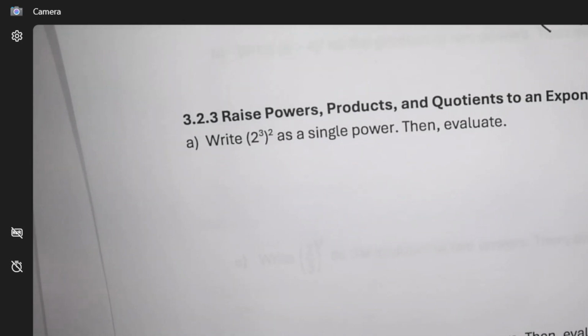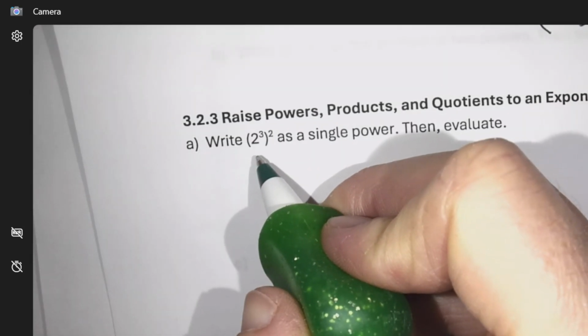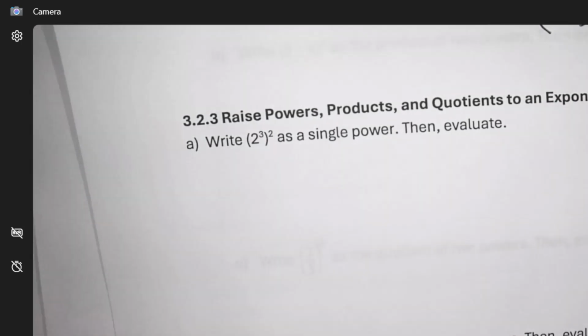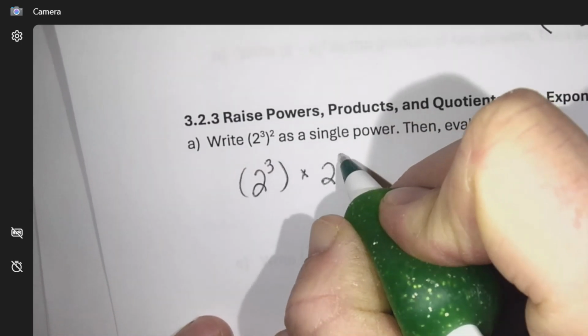So this is raising a power to an exponent. What is the base? 2 cubed is the base. How many times do you repeat it? Twice.